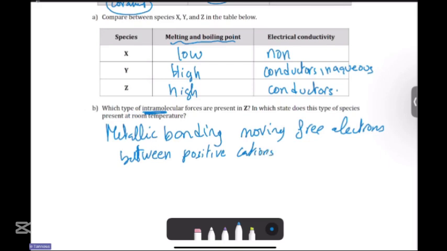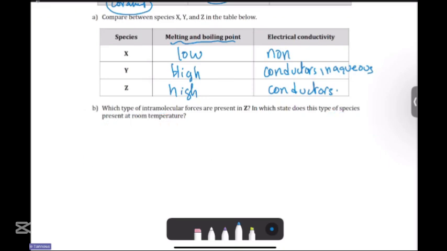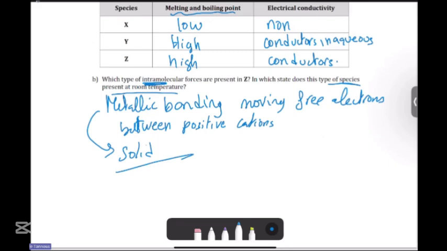Okay, so which species is present at room temperature? Of course, metals are solid. And that's it. I'm done with the revision session.